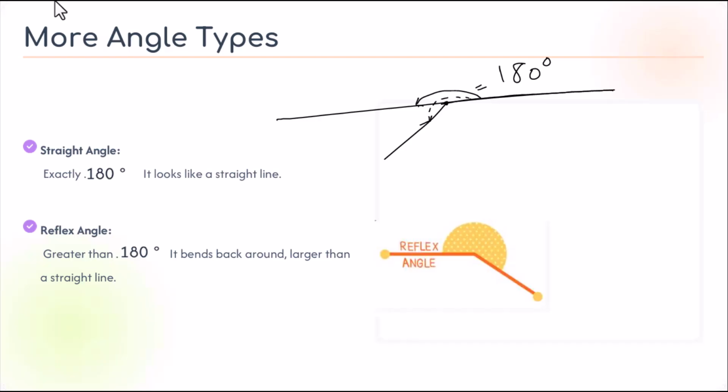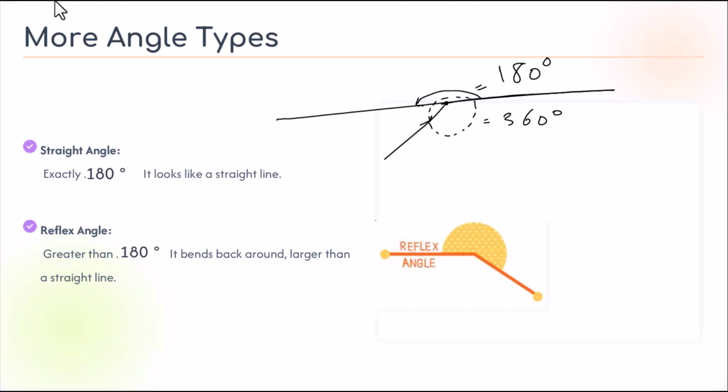And you can keep moving like this. So this is called the circle angle, an angle around a single point, 360, which is a full turn.